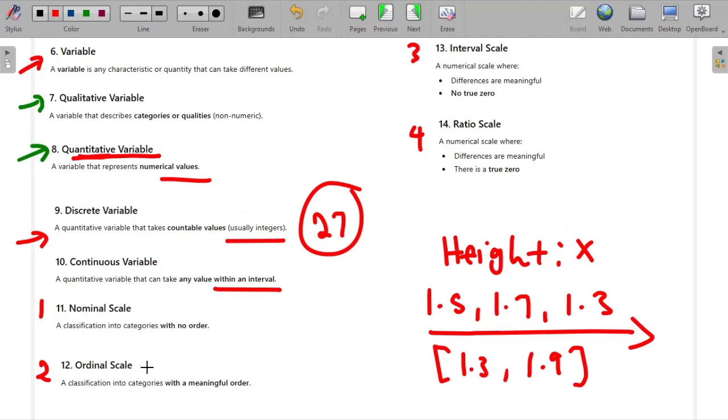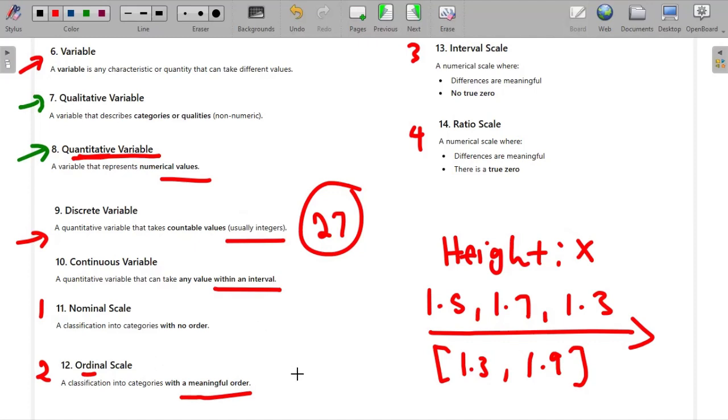And then the ordinal scale. You can tell from the word "ord", meaning order. So something that is ordered. The ordinal scale will classify categories with a meaningful order. For example, the level of education that you've attained.